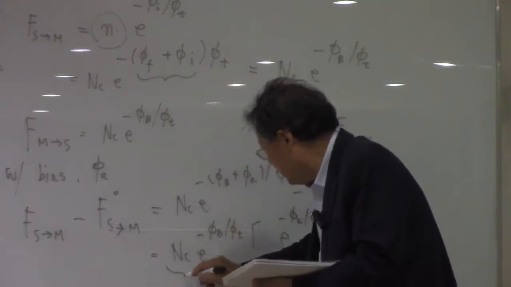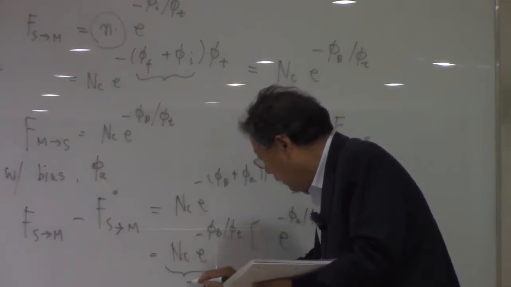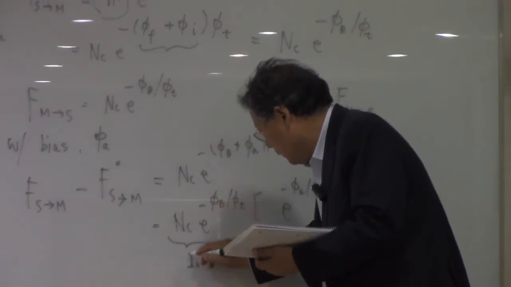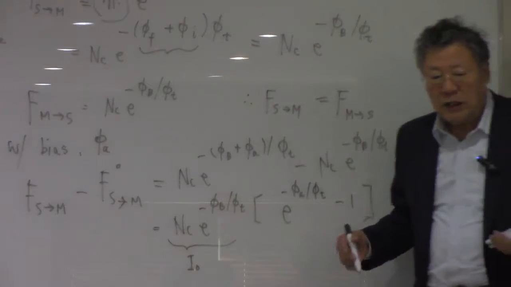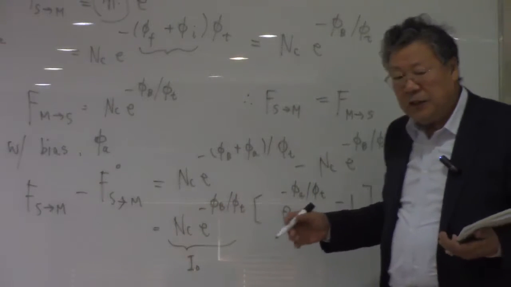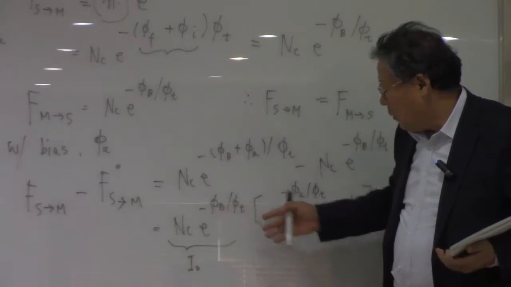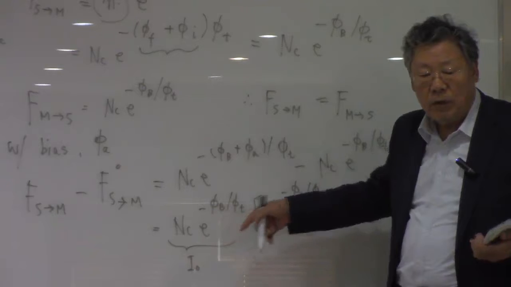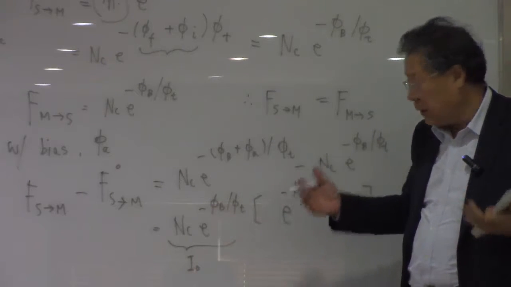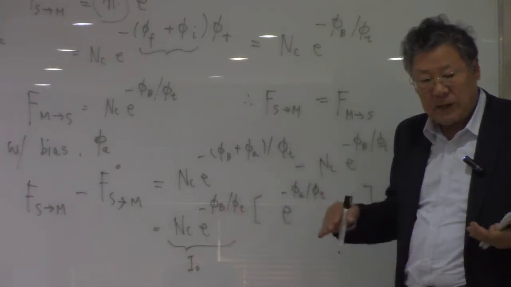Okay, and this prefactor is going to be called I naught. That is a constant value, which does not change with the applied voltage. Phi B is the barrier height. Once you form the junction between metal and semiconductor, phi B is fixed.